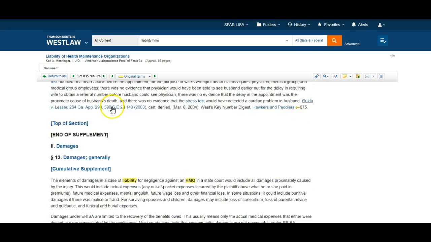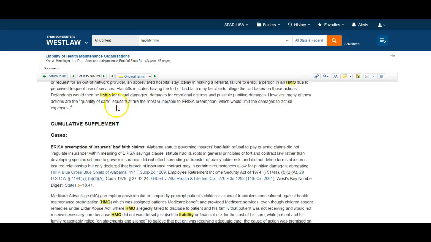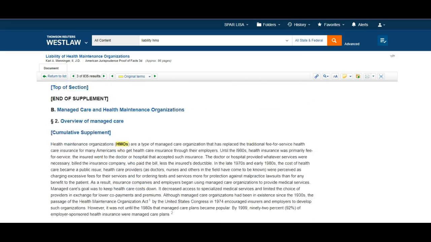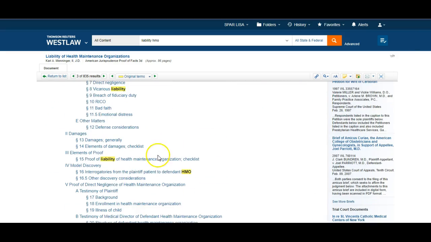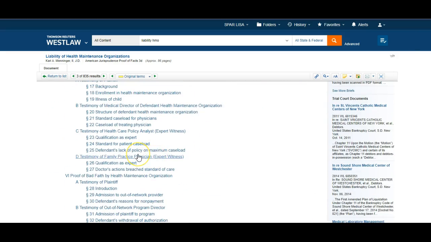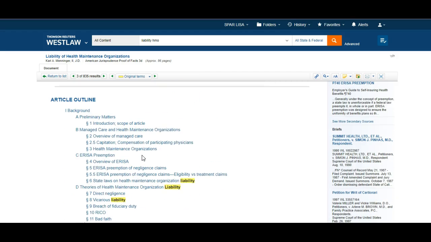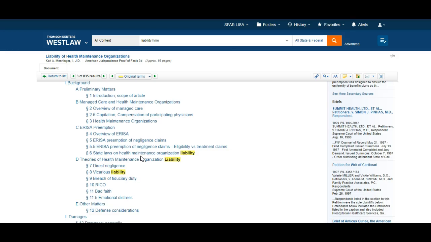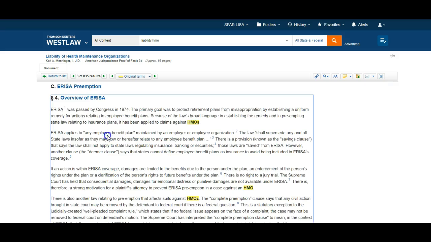So again, pulling together this proof of facts, pulling together all of the different elements that we've talked about in terms of primary sources. As I mentioned in the explanation overview of ERISA, we get a link, either in the footnote or in the text, to the relevant statutes.